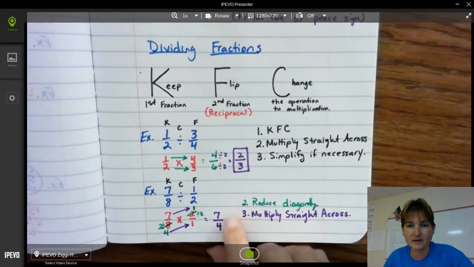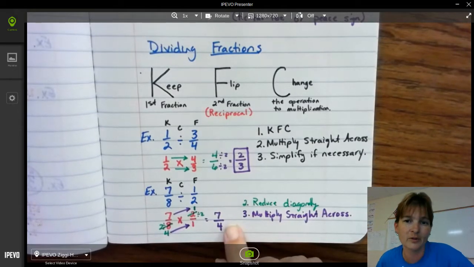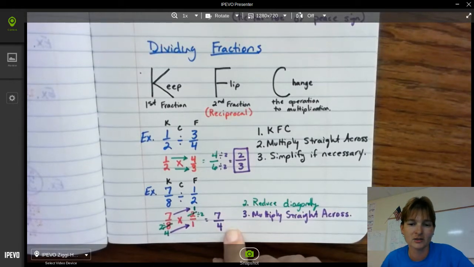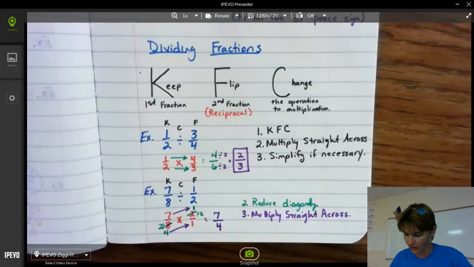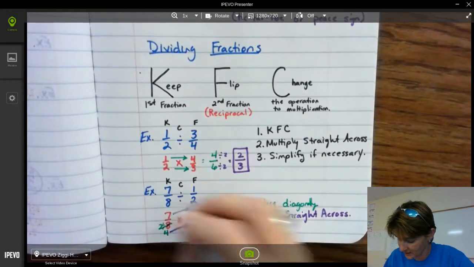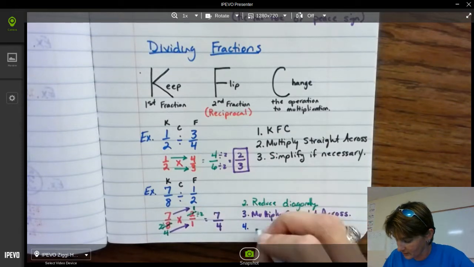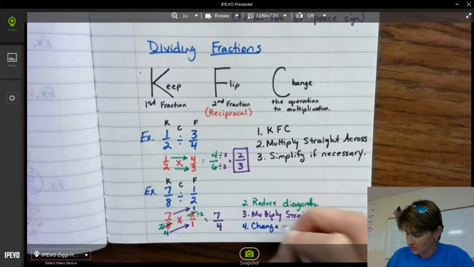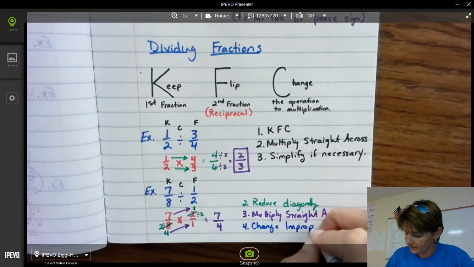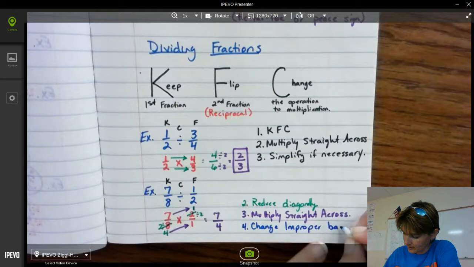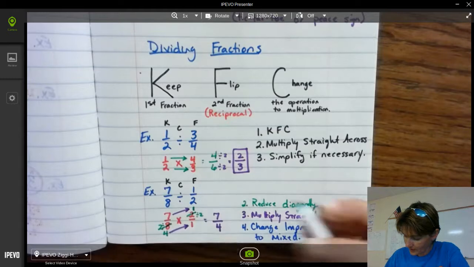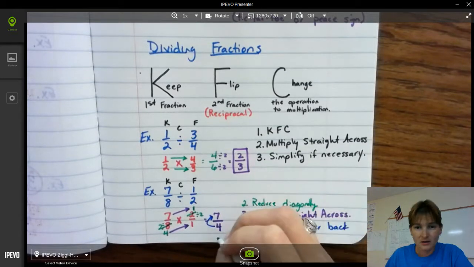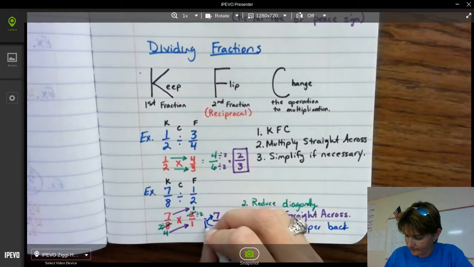Can I keep this as 7/4? This is an improper fraction. So no, we cannot keep it that way. We have to change our improper fractions back to a mixed number, or into a mixed number if we didn't start off with it. All right. So on this example, the last thing we do is change improper back to mixed. 4 goes into 7 one whole time.